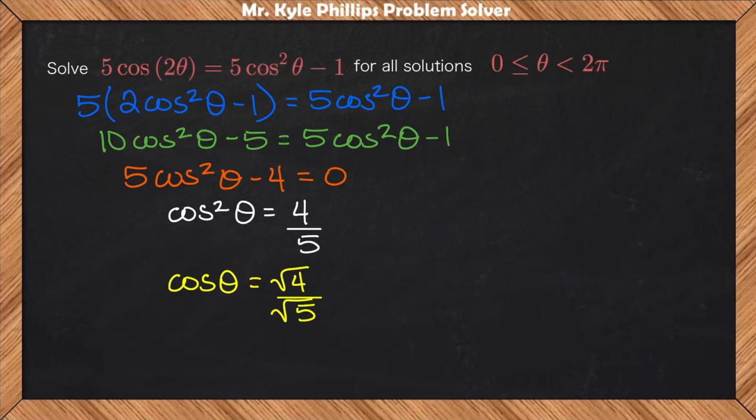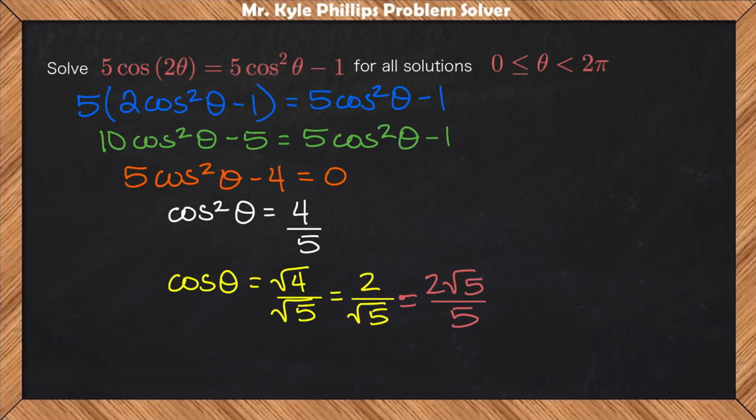Now, we know what the square root of 4 is. That's 2. So this is going to be 2 over the square root of 5. And I can rationalize by bringing the square root up. So this is equal to 2 root 5 all over 5.